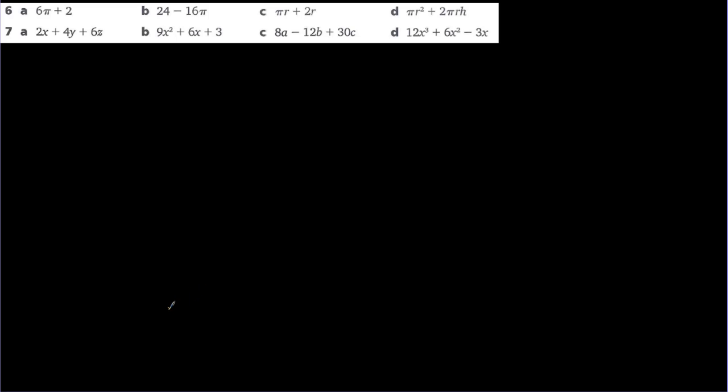Here we have the last exercises. We have many terms here, but we are looking again for common terms. Here pi is not a common term for both of them, so the common term is going to be 2. I'm sorry, for the 6a I'm solving. So 2 is the common term, so 2 times 3 pi plus 2 times 1.